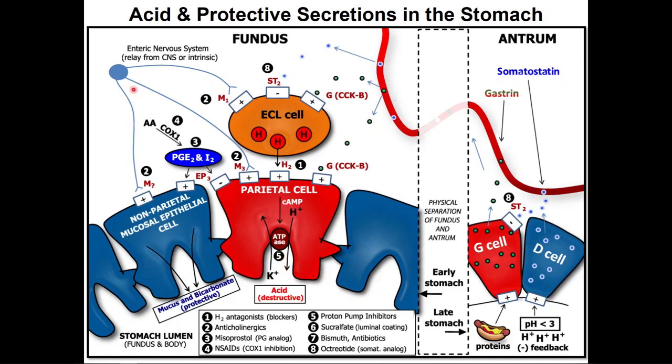Okay. So what else does acetylcholine do? It also directly triggers the parietal cell. So it's indirect triggering of the parietal cell to secrete protons. Okay. However, that wouldn't be very smart for the body to do without some counter-regulatory or protective mechanism. This is a physiological process.